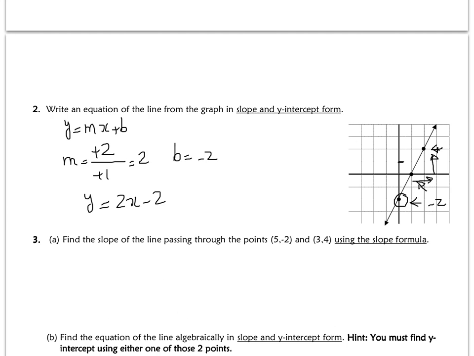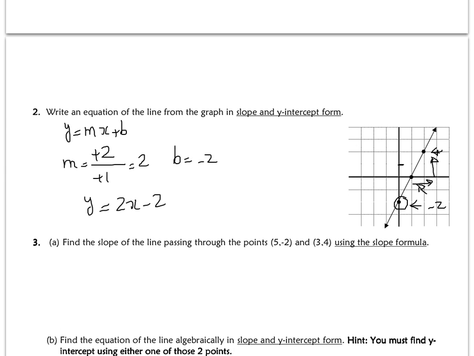Question number 3 asks to find the slope of the line going through the points 5, -2, and 3, 4. We use the formula m is equal to y2 minus y1 over x2 minus x1. Let's assume this is point 1 and this is point 2. Then from point 2, y2 is 4.